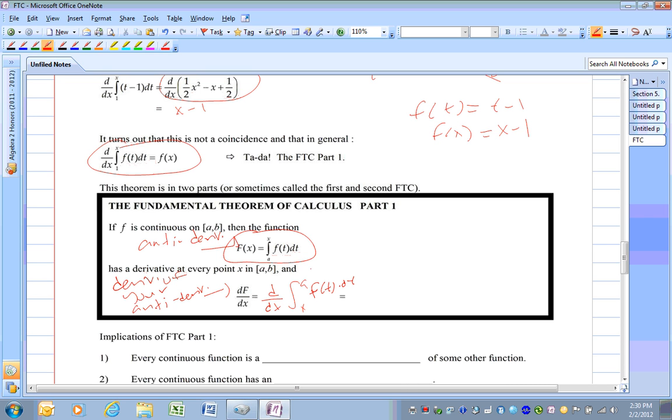Think about it, this right here is capital F of x. We'll get you back to little f of x, because you're doing the derivative of the antiderivative, right? Which are almost like 2 operations that knock each other out.